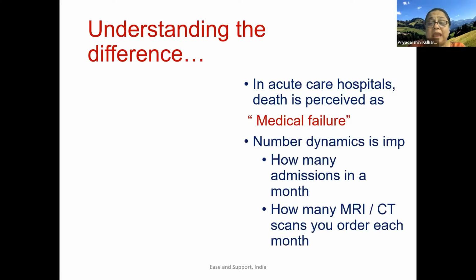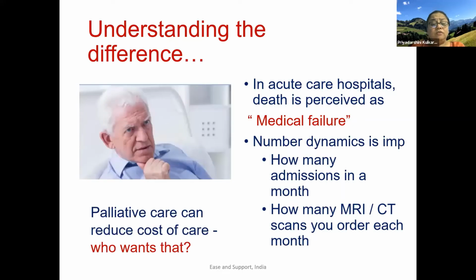In those private hospitals, numbers dynamics is important. How many admissions in a month, how many MRI, CT scans, and all such investigations in a month, because it drives their economic structure. So when you try and say that palliative care can reduce the cost of care, the natural reaction was, who wants that?